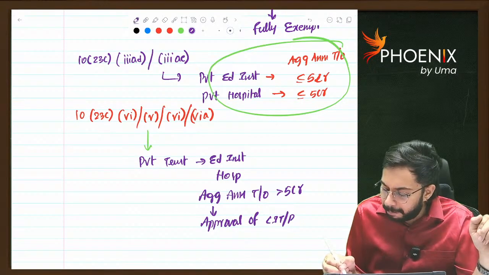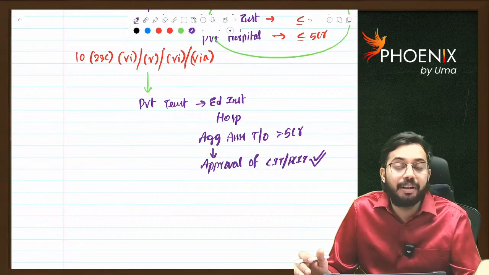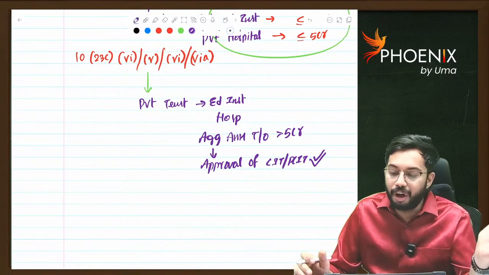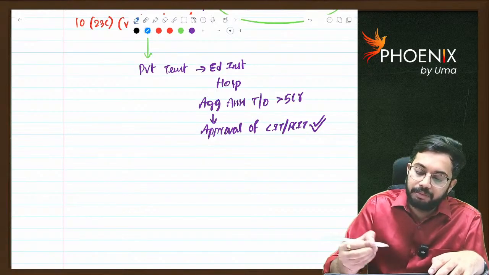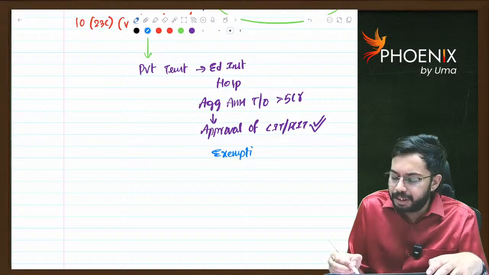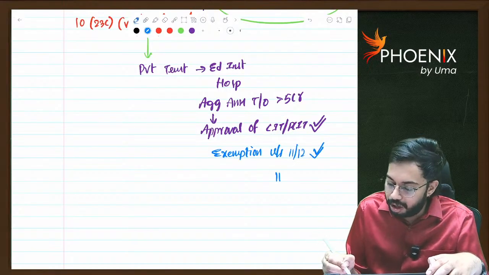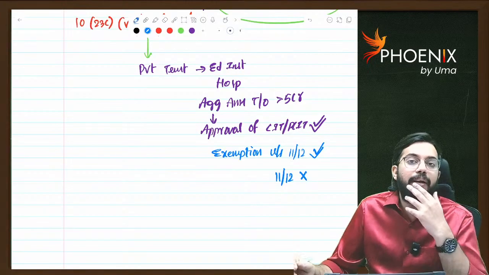Approval of CIT or PCIT is required, then only exemption is allowed, otherwise exemption is not allowed. Then only exemption under sections 11 and 12 is available.